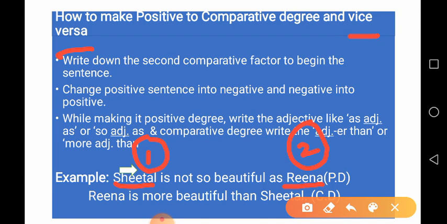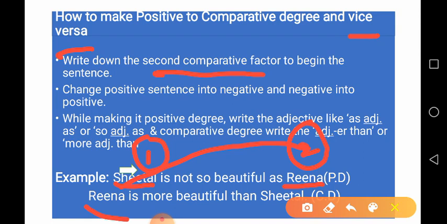When one is compared with other, while changing the degree, we use the second comparative factor, that is Rina, we write first. So, we write the second comparative object first and the first last. Okay? Then change positive sentence into negative and negative into positive, that is vice versa.